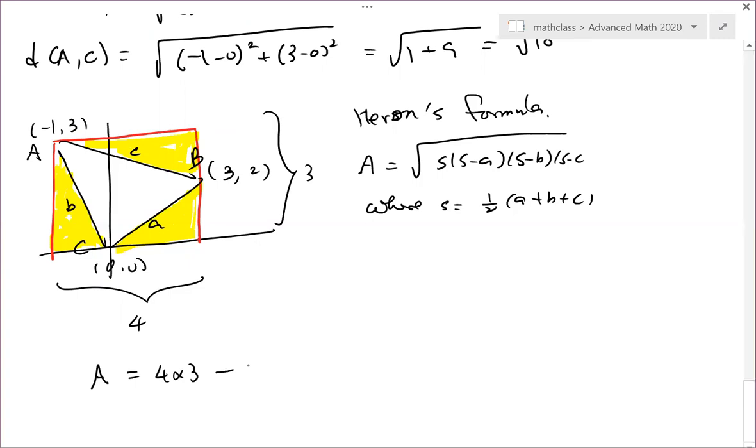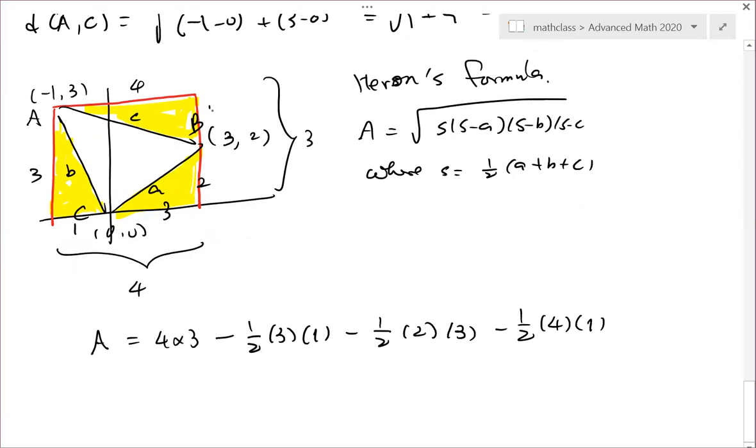The one on the left, the height is going to be 3, the base is 1. The one on the lower bottom, the height is going to be 2, the base is going to be 3. And for the last triangle, the height is 4, the base is 1.